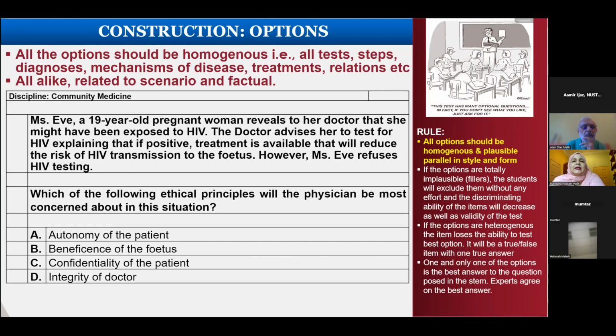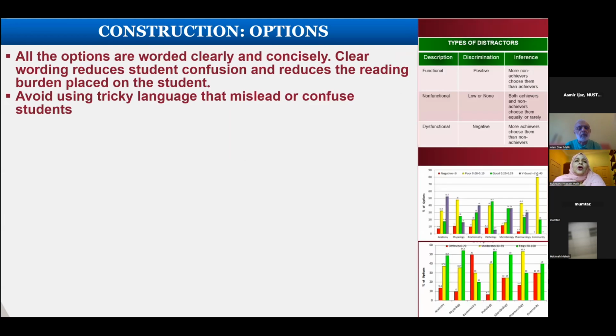She is pregnant and she refuses to take HIV treatment. So, which of the following ethical principles will the physician be most concerned about in this situation? These are all ethical issues related to the question, and it's a good question formulation. All options are worded clearly and concisely.